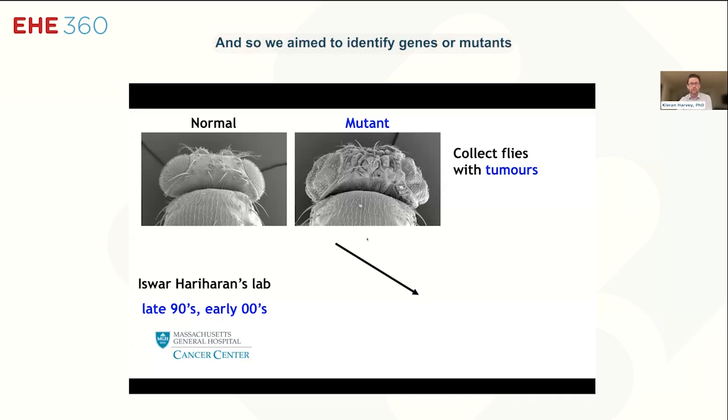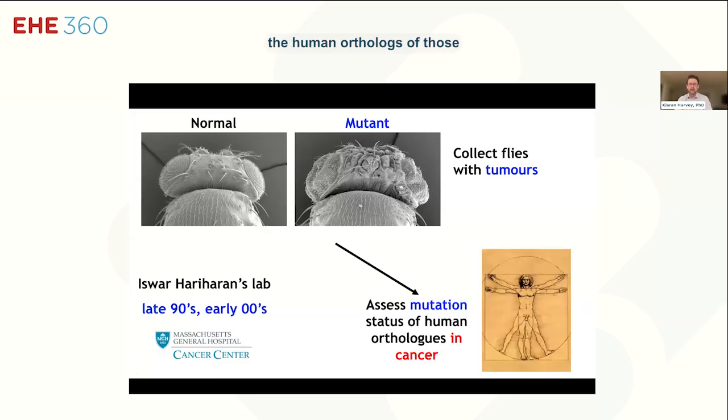And so we aimed to identify genes or mutants that had these large overgrowths in the head. And then we went on and characterized the human orthologs of those and tried to understand whether they were mutated in cancers. And so this was a very successful screen that was conducted in Ishwa's lab as well as some other labs at around the same time.